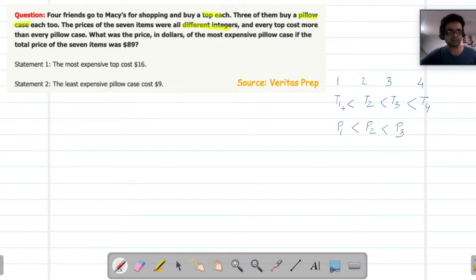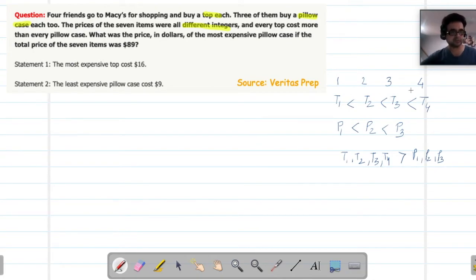So what is given is that they are not equal, so that's why the inequality holds, and I have arranged them in increasing order. And also there is one more thing given: every top costs more than every pillowcase. T1 to T4 is greater than P1 to P3.